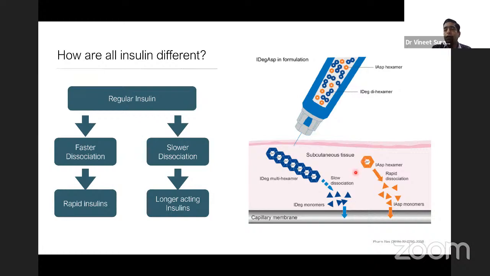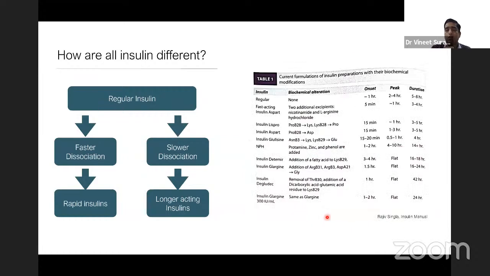The aspart gets rapidly dissociated and takes care of the meal taken at that point in time. And the degludec remains in the subcutaneous tissue for a very long time. It gets very slowly dissociated and works for almost 36 to 42 hours to take care of the basal insulin requirement. So these are the available insulins we talk about.